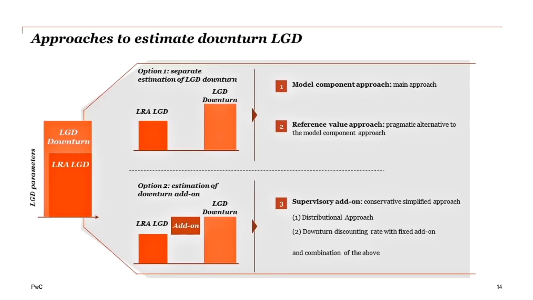The first two approaches, the model component approach and the reference value approach, are direct, separate estimation of long-run average LGD and LGD downturn. The third approach is supervisory add-on, and it is based on estimation of expert add-on. In 9 cases out of 10, we usually advise to use the model component approach, and I will explain why later.